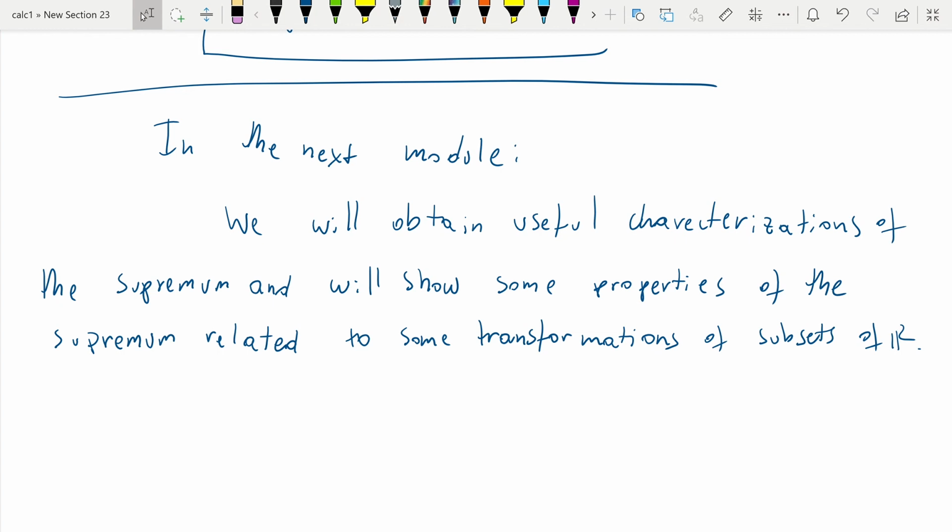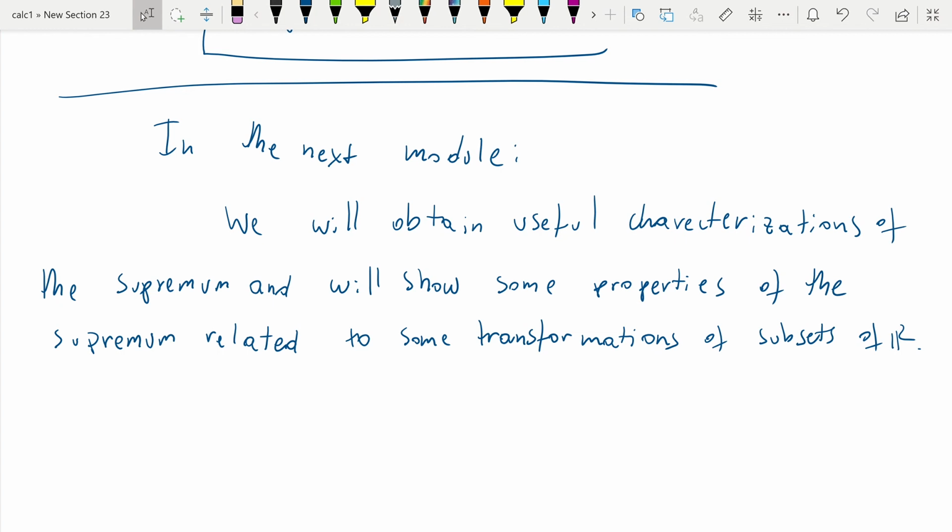This is a very useful property that tells you that whenever you subtract something from the supremum, if the supremum is finite, however small it is, you must be able to find an element in the set that is slightly bigger than that. And that's a very useful characterization. What allows us to say that it's useful? It allows us to prove theorems and lemmas and stuff like that.